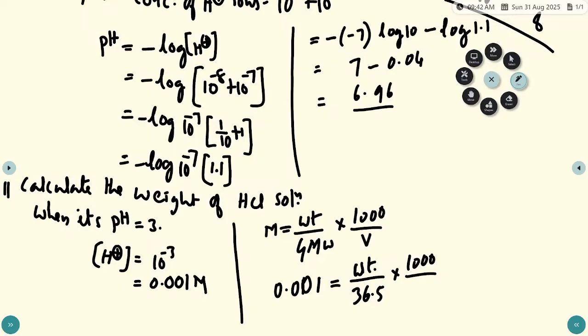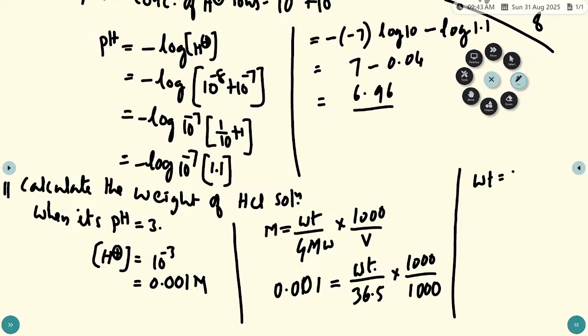Given as molarity, molarity means the amount of substance present in 1 liter of solution. 1 liter of solution means 1000 ml. So here 1000 ml, right? And then weight is equal to, simplify it, cross multiply.